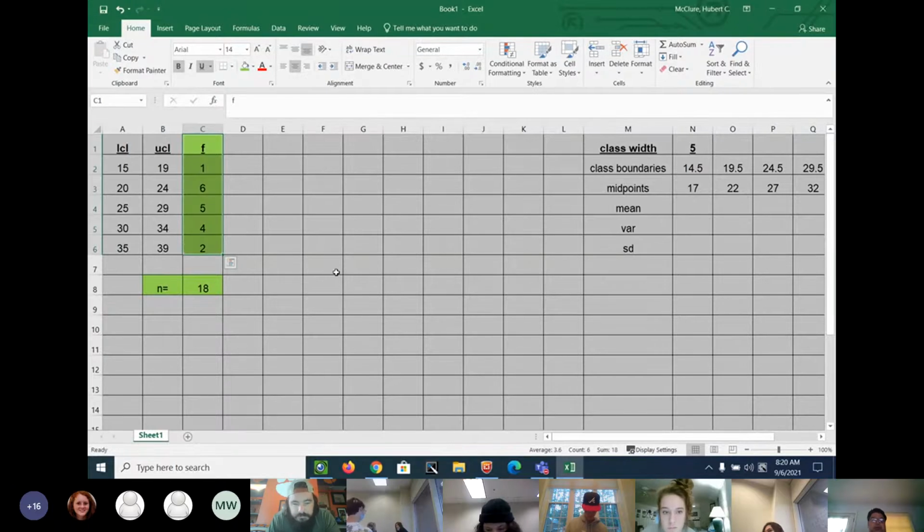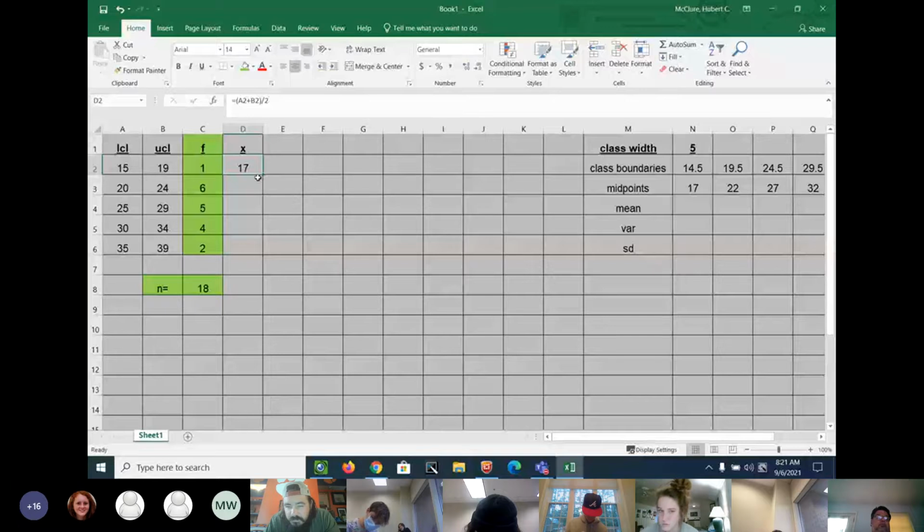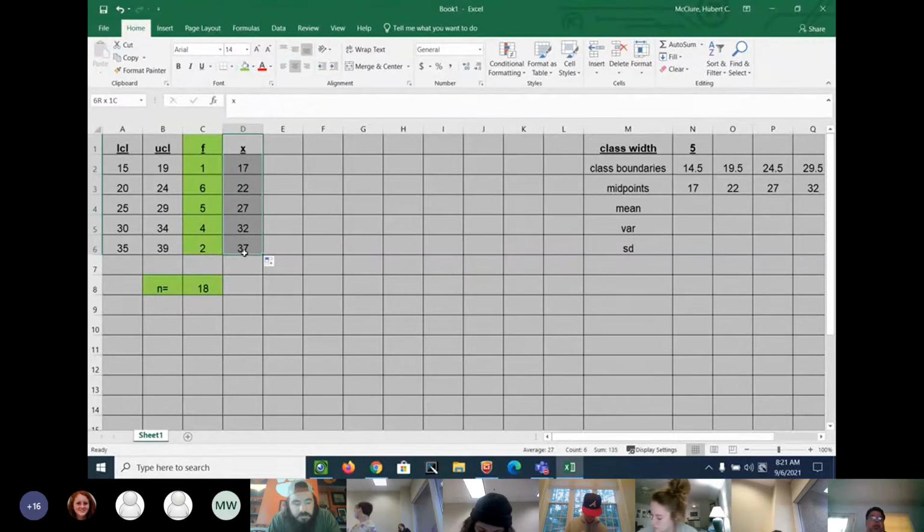Now we need x, which is the midpoints. Well, I'll just recalculate it. It'd be easier just to recalculate. Lower class limit plus the upper class limit divided by 2. And I'm going to color those yellow because we had to calculate those.